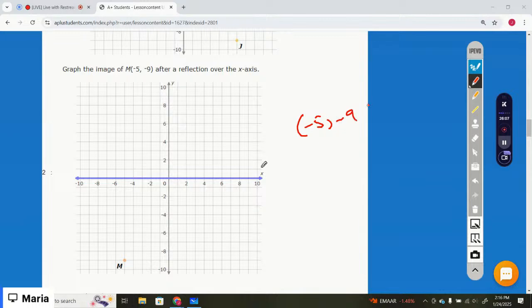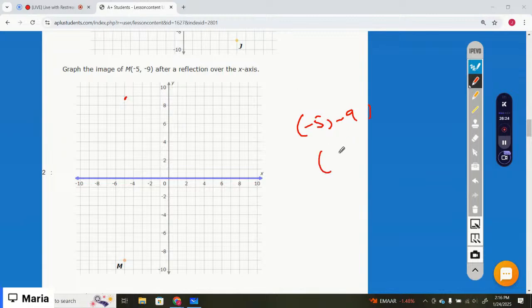The point is -5 and -9. That would be reflected, and the reflected point is over here.